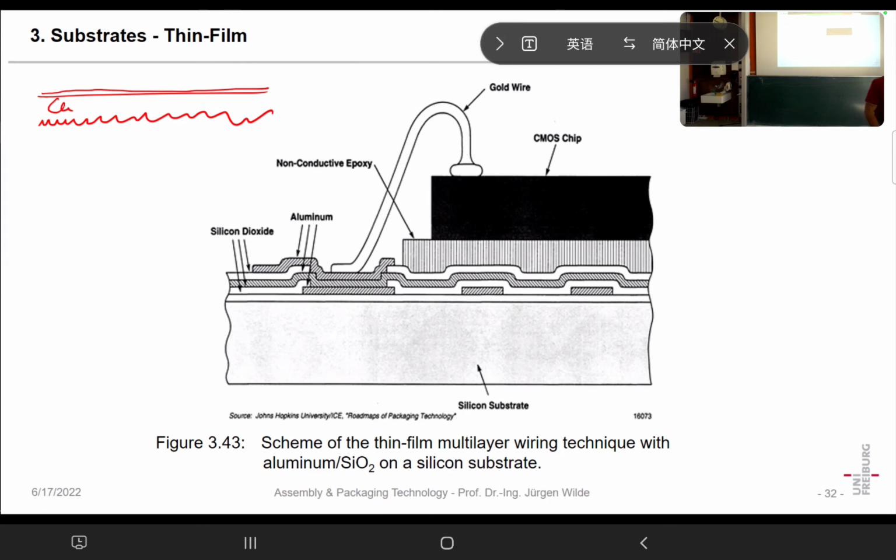So again, when you see in the lecture notes we have permittivity or dielectric loss factor or so, maybe if you don't know what it is, you should try to find out what it is.